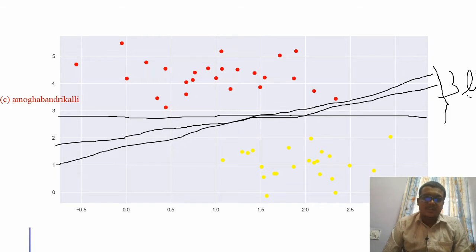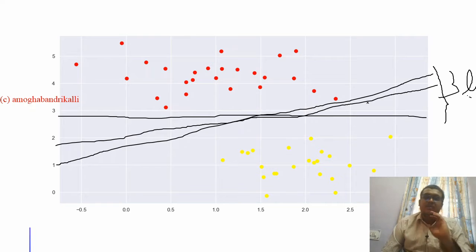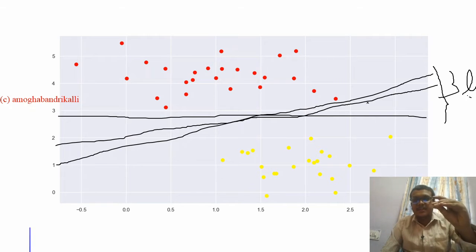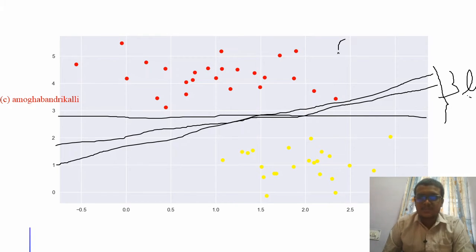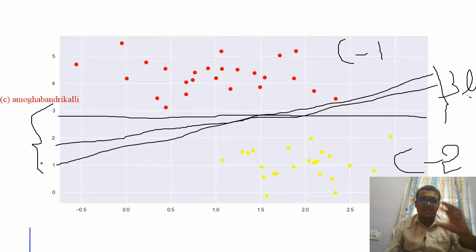So now the task is how we are going to select the better line, which is going to make an accurate classification between two classes. So this is class 1 and this is class 2. All these three lines can make an effective decision.